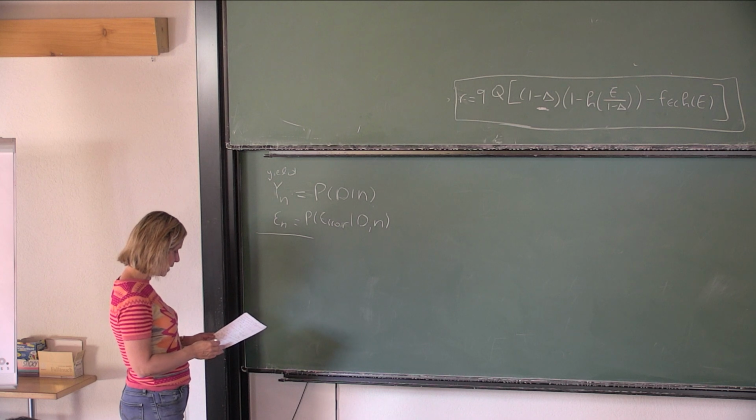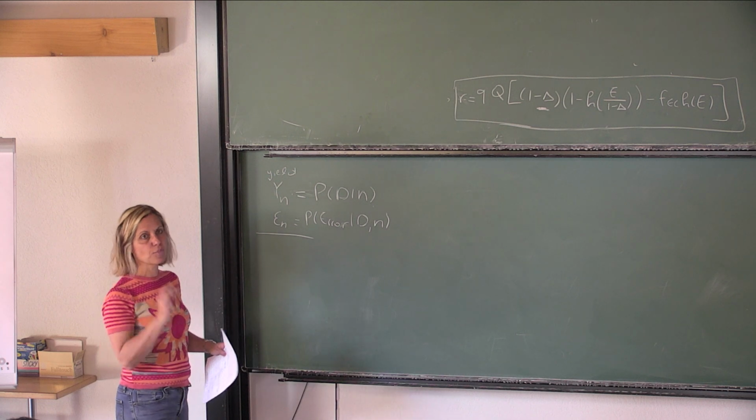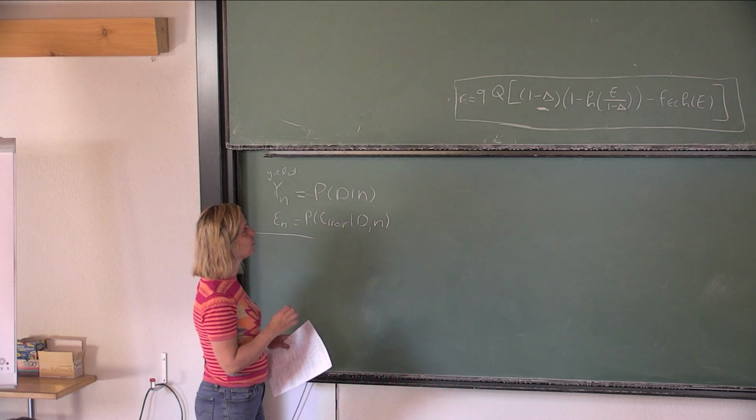So these are quantities that come a lot into the analysis of these decoy state protocols. I'm not going to show you the derivation to save a little bit of time.